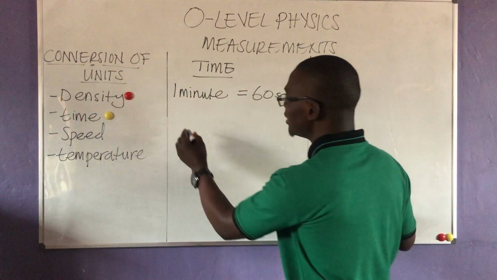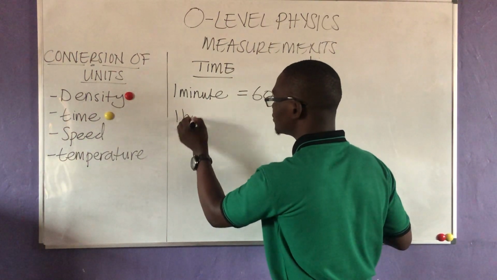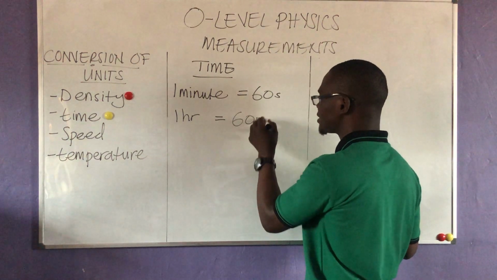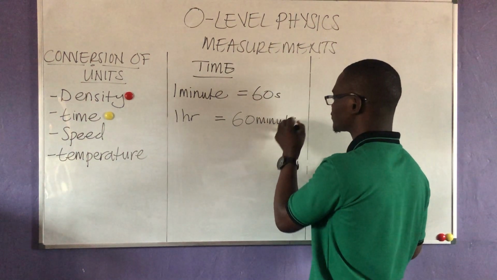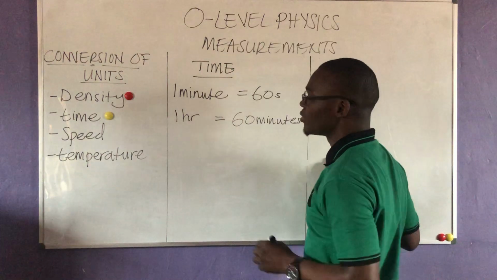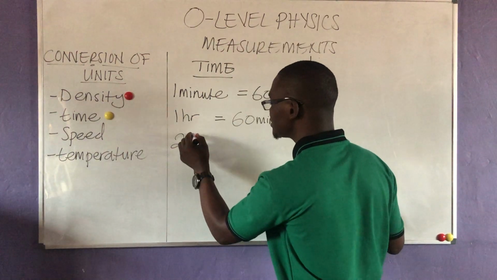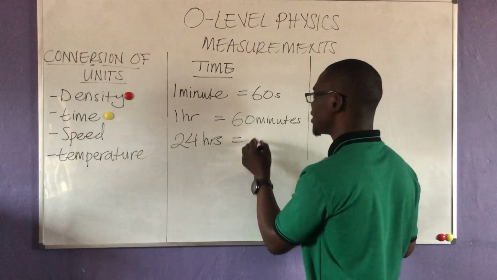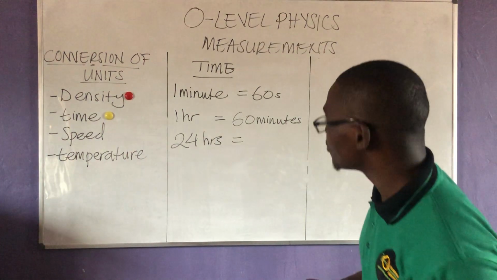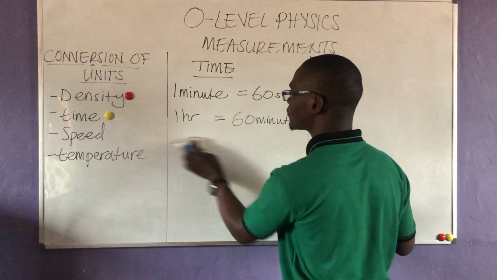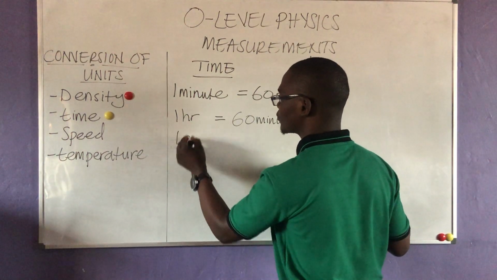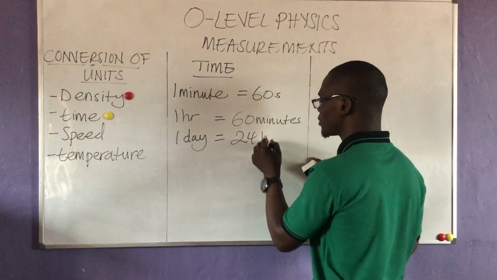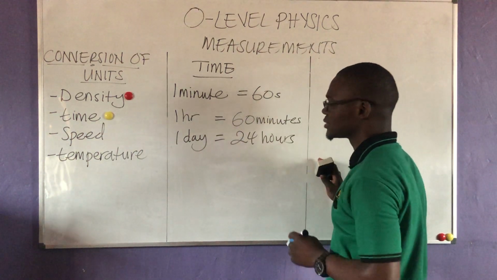Okay, then 1 hour is equivalent to 60 minutes. Whereas 24 hours are equivalent to 1 day. Or let us say 1 day is equal to 24 hours.